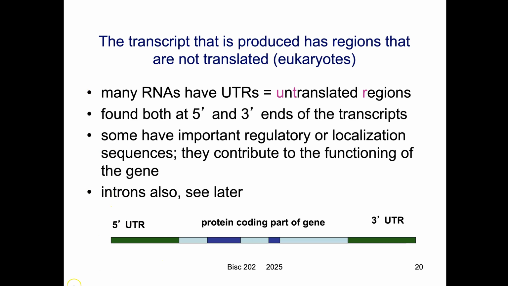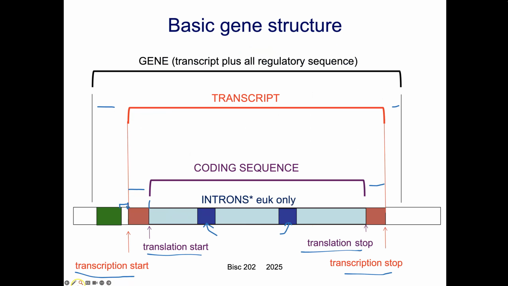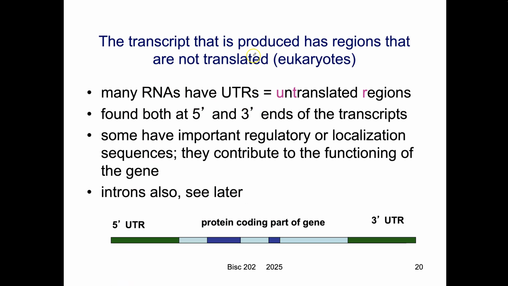And so one of the things that you can get from this picture, this is just a summary, is that the transcript has regions that are not translated, and this is more the case in eukaryotes than prokaryotes. So this is just the transcription unit, TU is what we call it. So that is what gets transcribed, and there are regions on the 5' end of the RNA and on the 3' end that are called UTRs, untranslated regions, and these are required for things like stability, sometimes for localization of the sequences, sometimes for other regulatory purposes.